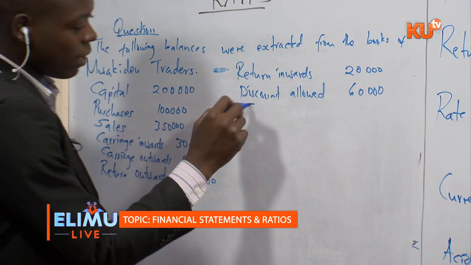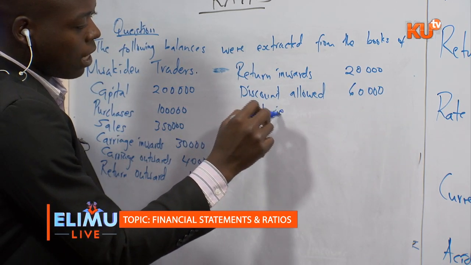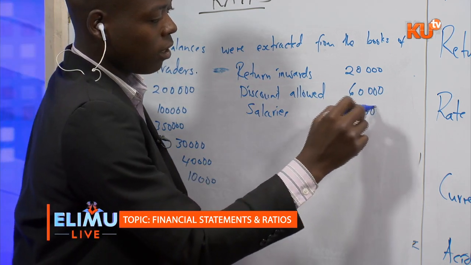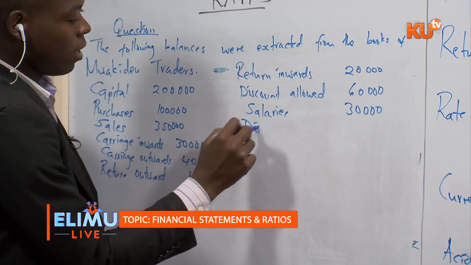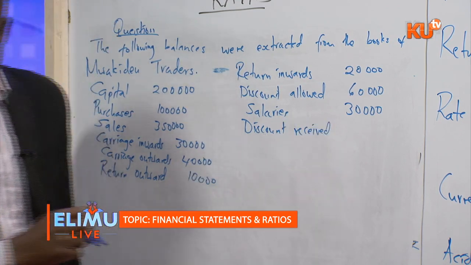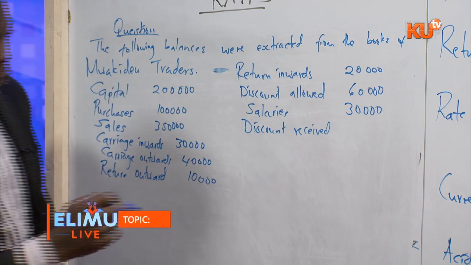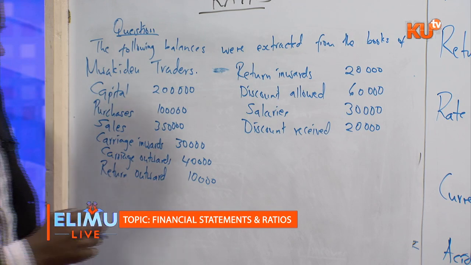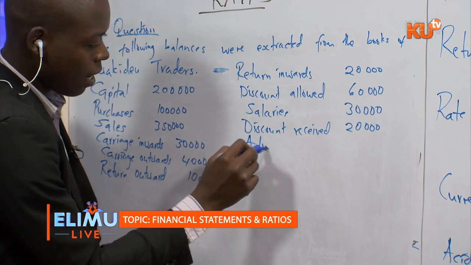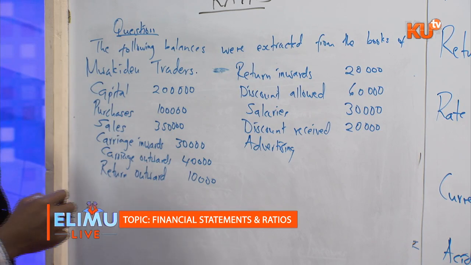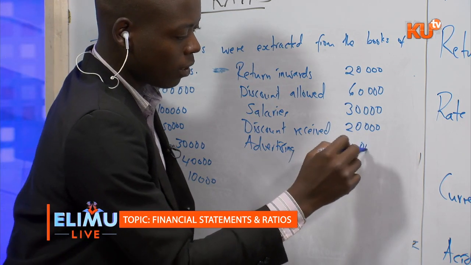We have salaries, which are given as 30,000. We have discount received, which is given as 20,000. We have advertising given as 10,000.